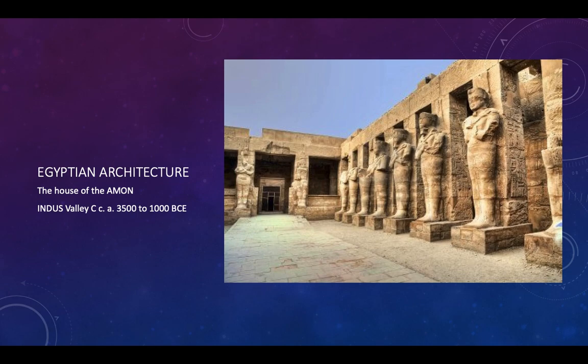Then moving on to Egyptian architecture, what we see over here is an abundance of stone masonry.